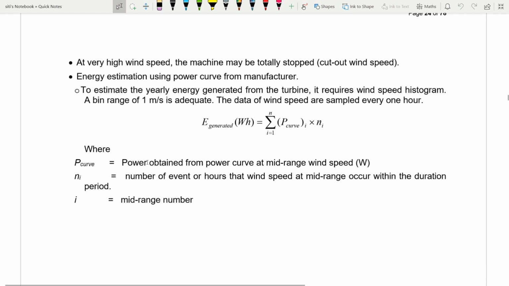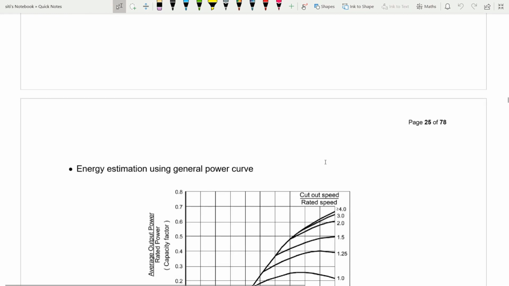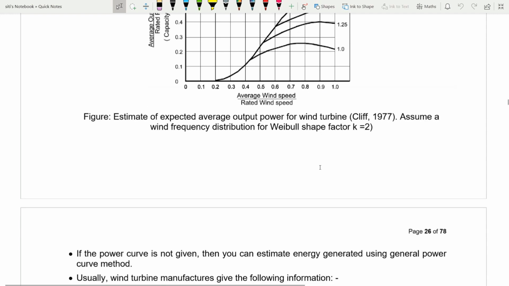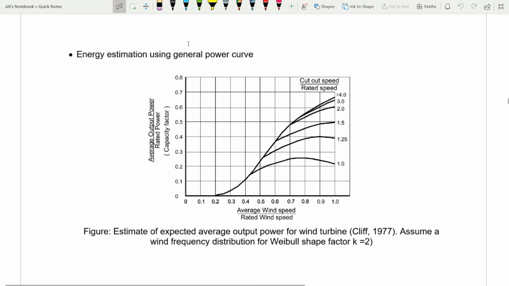P curve is the power obtained from the power curve at mid-range wind speed, and Ni is the number of events or hours that the wind speed at mid-range occurs within the duration period. i is the mid-wind range number. This one we can refer to the histogram. We will later learn about the histogram graph.